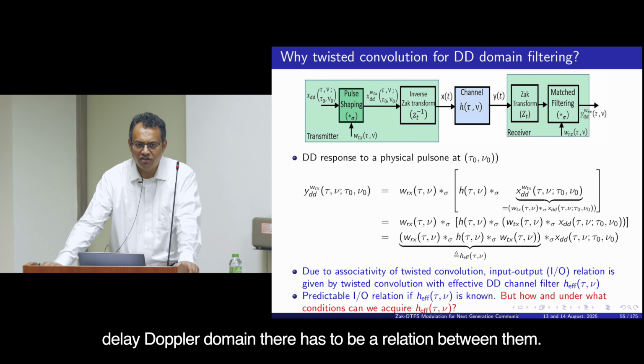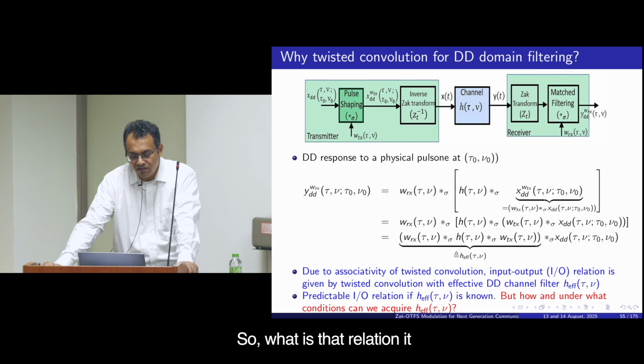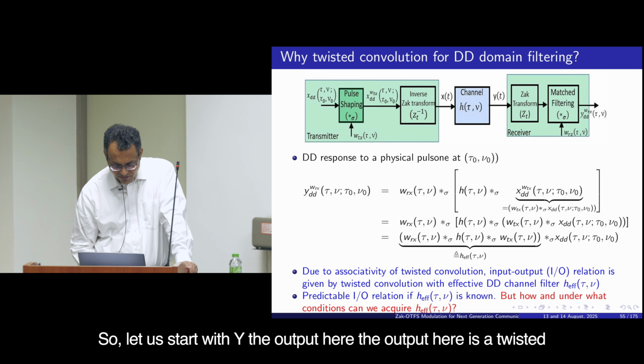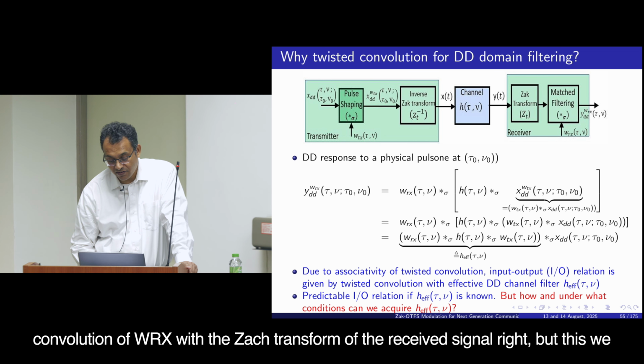This is my input in the continuous delay Doppler domain. There has to be a relation between them. So, what is that relation? It is not very difficult. Let us start with the output here. The output is a twisted convolution of WRX with the Zak transform of the received signal.